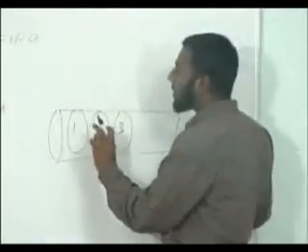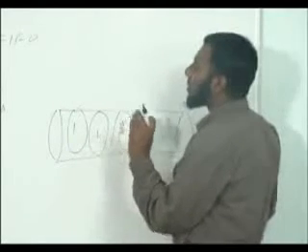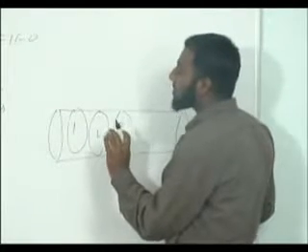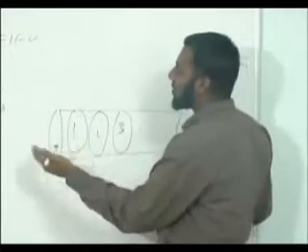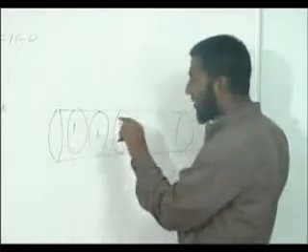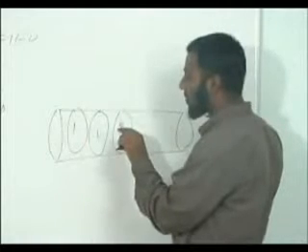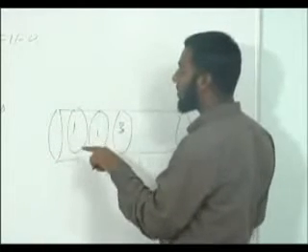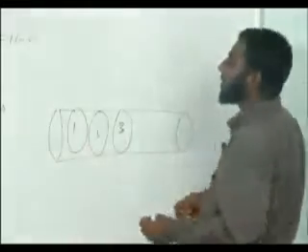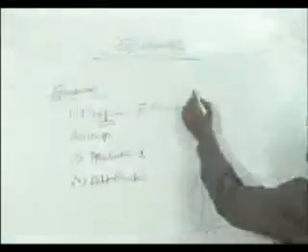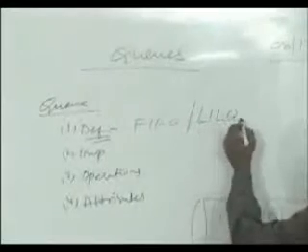No. The order in which the coins have been inserted into the pipe, in the same order the coins will be removed from the pipe. Meaning, the first sent coin was 1, then 2, then 3. Then the first coin to be removed from the queue will be 1, then 2, then 3. So that's why it is called a first in, first out data structure, or last in, last out data structure.